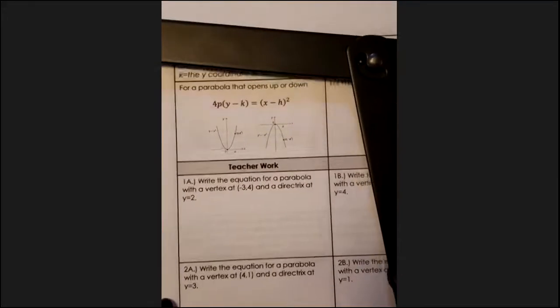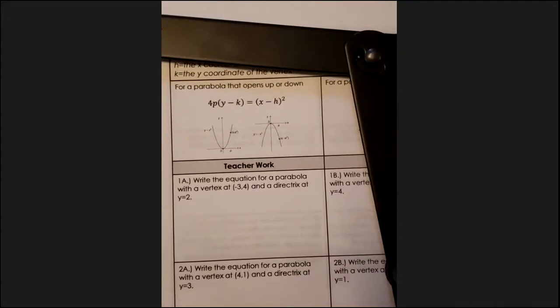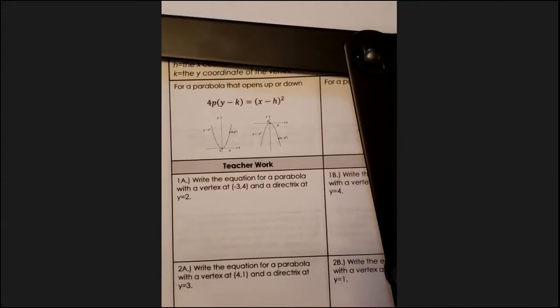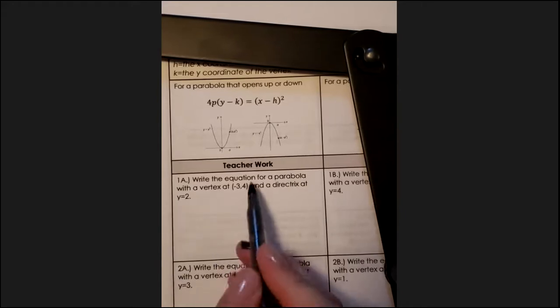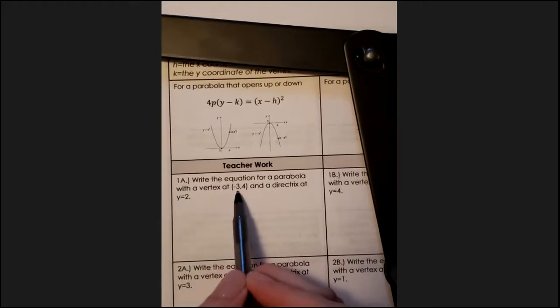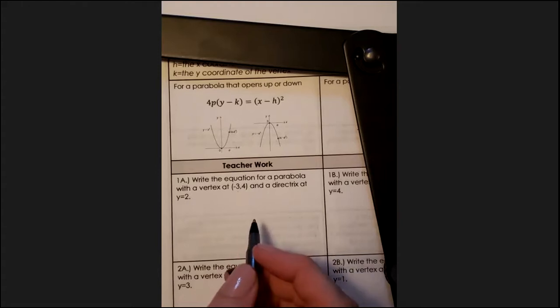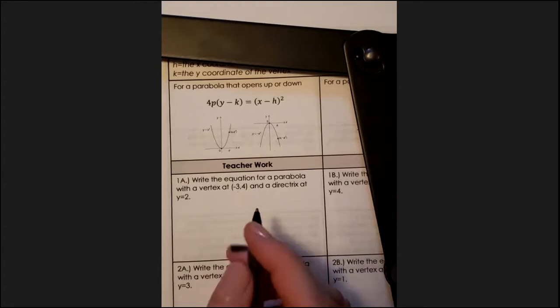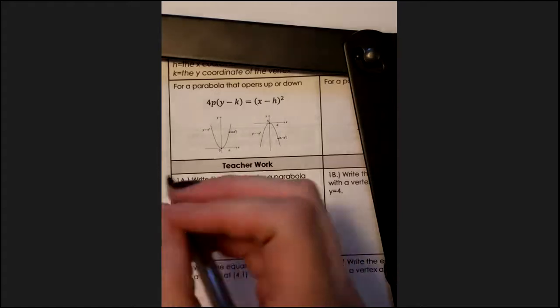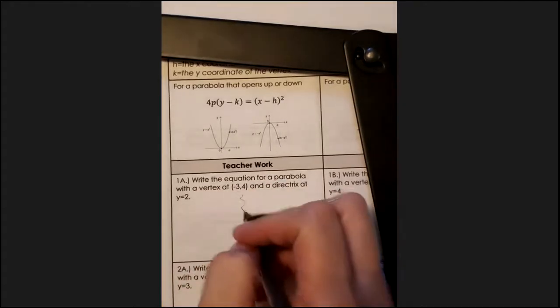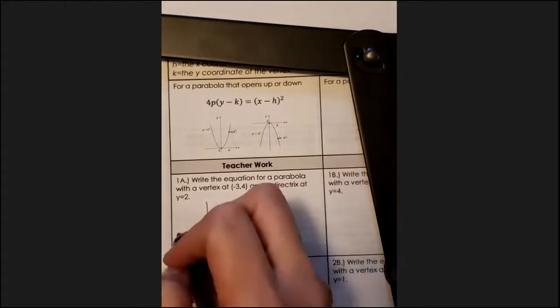I'm going to do my very best to keep this so that you can see the problem. Question 1A says, write the equation for a parabola with a vertex at -3, 4 and a directrix at y equals 2. So I'm going to take up probably half of this block to draw this picture.